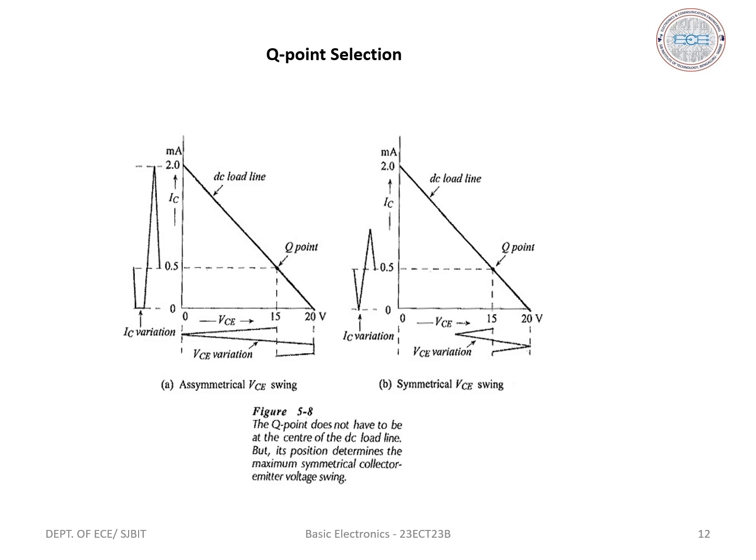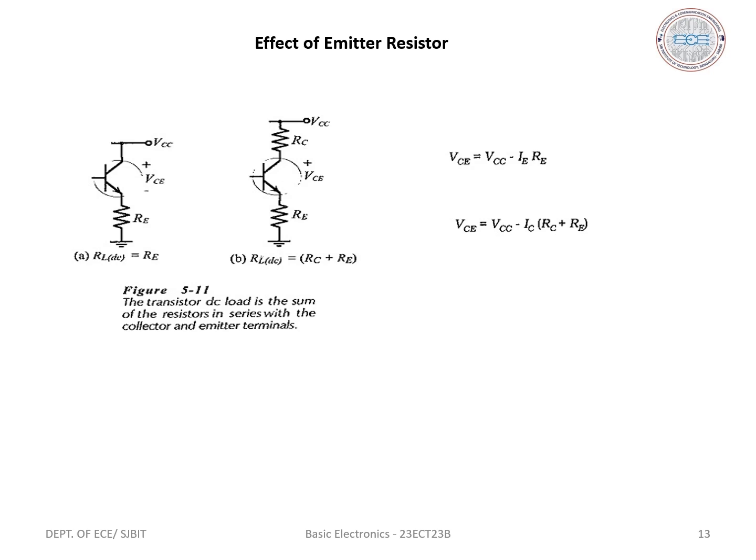Q point selection. Next, we have the effect of emitter resistor. In the above circuit, resistor RE is in series with the transistor emitter terminal and the supply voltage is connected directly to the collector terminal. By applying KVL to the emitter circuit, we get the equation VCC minus VCE minus IERE equals 0.